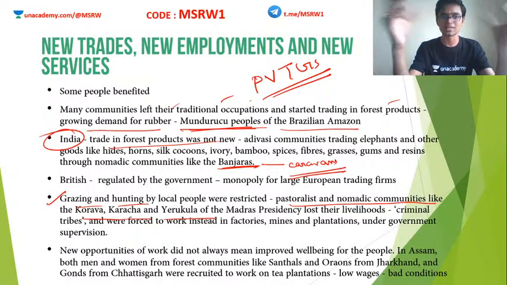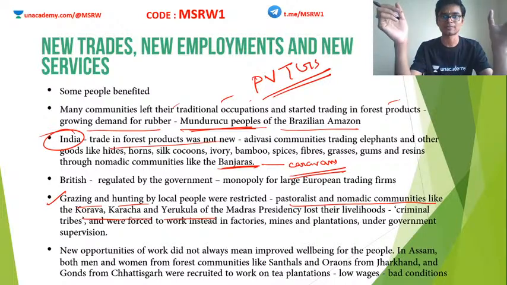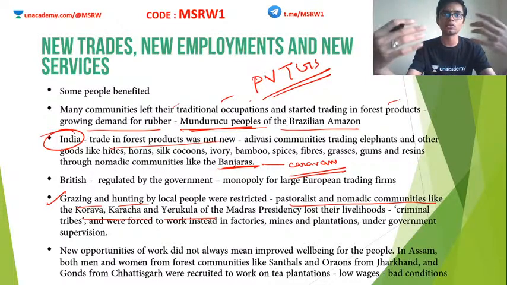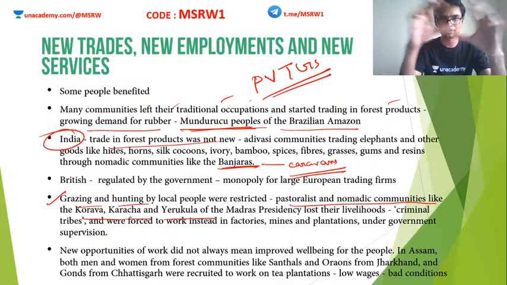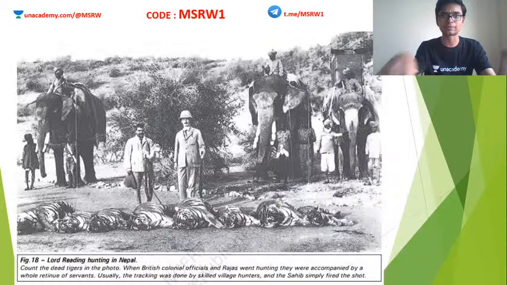For example, in Assam, both men and women from these forest communities were forced into tea plantations, tea estates, and had to live on very low wages, in unhygienic places, in very bad conditions. Those who quit their traditional livelihood in search of other jobs did not always succeed, or even if they succeeded, they lived a miserable life. The British made sure to bind them with various kinds of contracts, preventing them from quitting and going back home. So workers were exploited at this time.